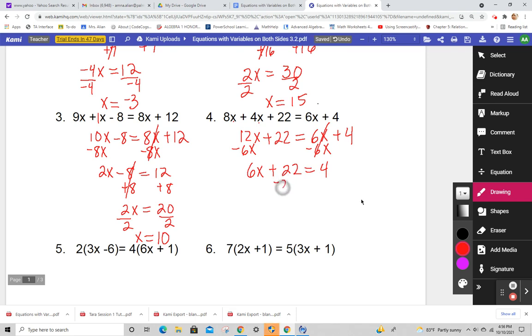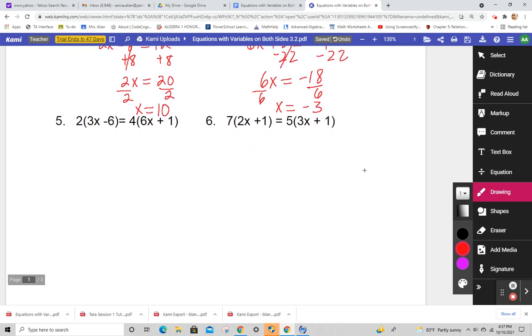We'll subtract 22 from both sides. So I'll have 6x equals negative 18. Divide both sides by 6. x equals negative 3. This is different signs, negative, so that's why the answer is negative 3.